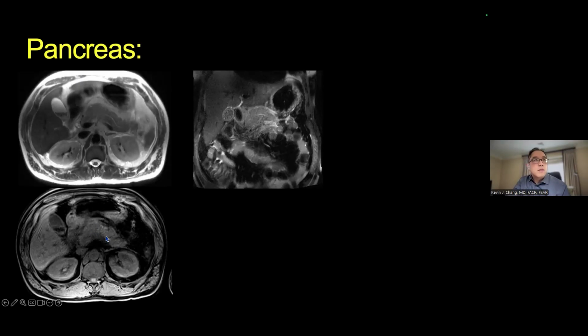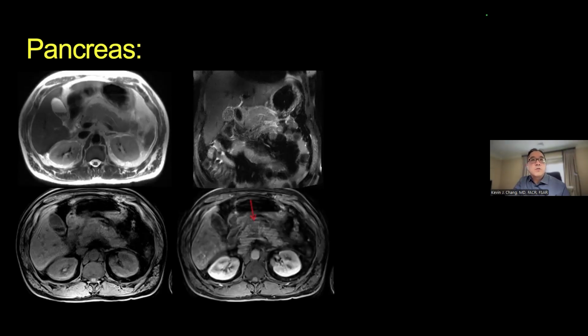Better to evaluate that following contrast administration here, where it's more obvious that in that pancreatic neck area, there is an area of non-enhancement, which you can use the subtraction images to make even more apparent, where there's a lack of enhancement, especially if there's any heterogeneity on the pre-contrast T1 weighted images, or if there's presence of hemorrhage on that pre-contrast image.